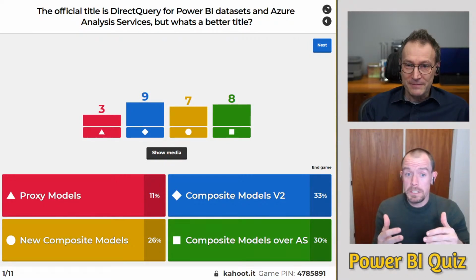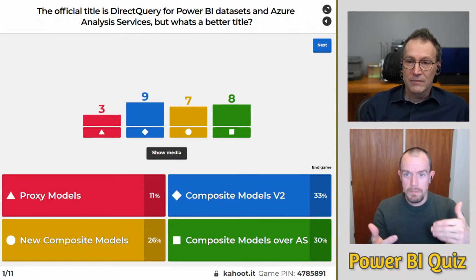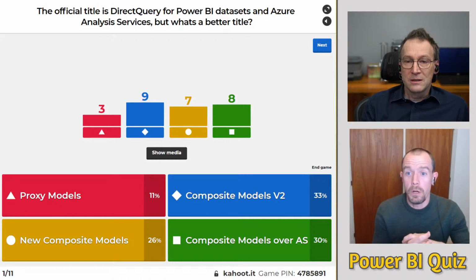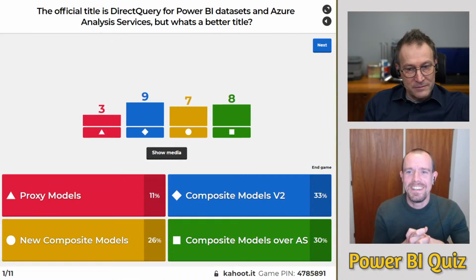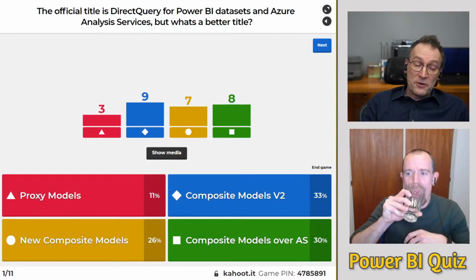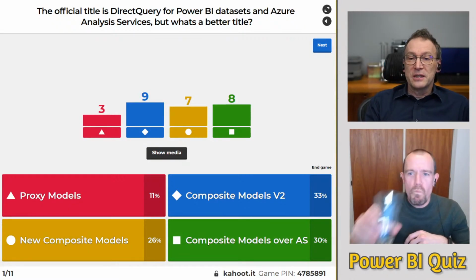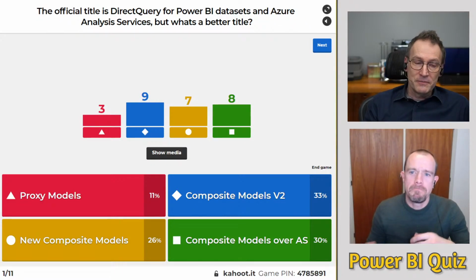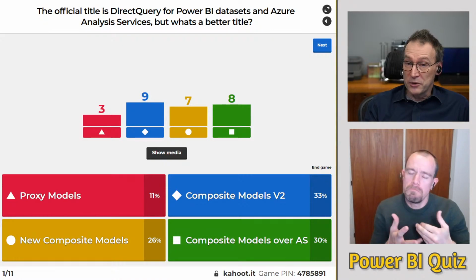It could be fun to see the telemetry behind how many people are actually using version 1, because Microsoft will know that. I guess Microsoft will know, but I don't think they are going to disclose this kind of information. But I've never been a big fan of DirectQuery at all.